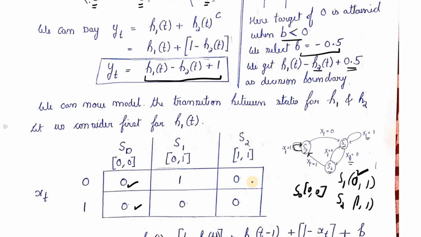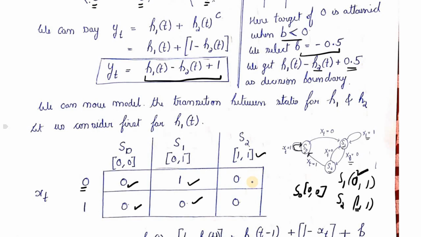We are at S1, which is 0 comma 1. We encounter a 0 over here. We will be pushed to S2. The first value of S2 is 1. We write it over here. We are at S1, 0 comma 1. We encounter a 1. We will remain in S1. The first value of S1 is 0. We write it over here. Again, we are at S2, which is 1 comma 1.